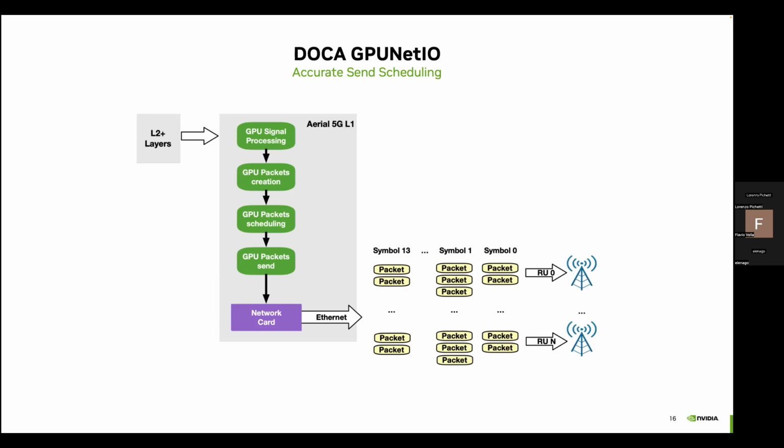Thanks to accurate send scheduling, the feature that allows you to associate a timestamp to a set of packets, you can pre-prepare everything in software and push packets and timestamps to the network card. Then the network card at hardware level, without consuming any system or software-level resources, will take care of sending the packets out over the wire at the right time.